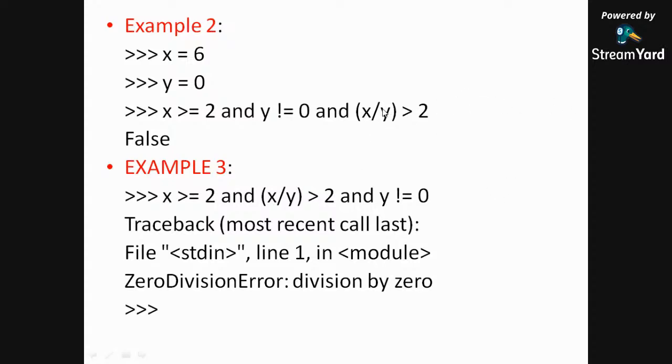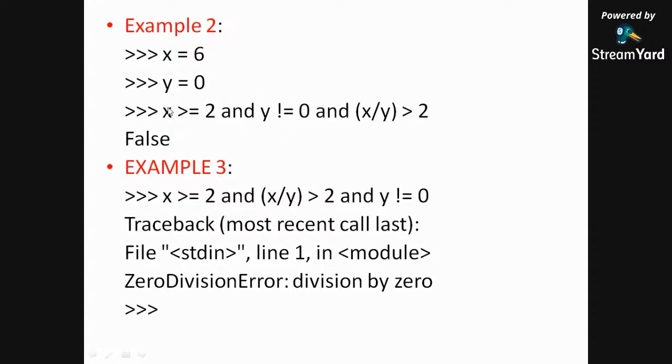If you use this kind of statement in loops, suddenly at one point of time the denominator may become 0. So before this, you check the denominator, and evaluate the division only when the denominator is not 0. That is how you can provide a guardian pattern here. This y not equal to 0 is called a guardian pattern.